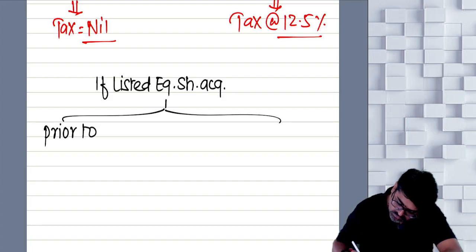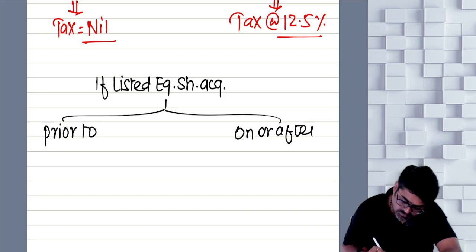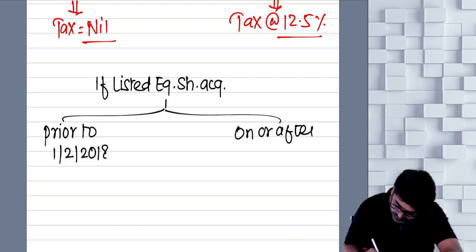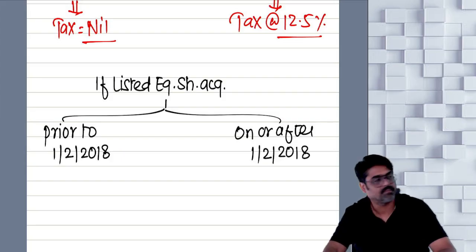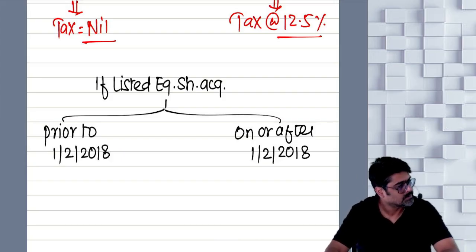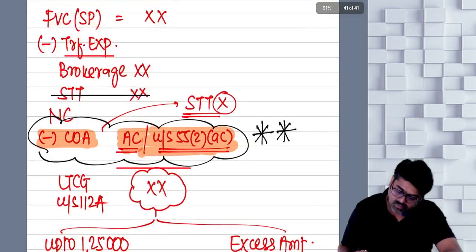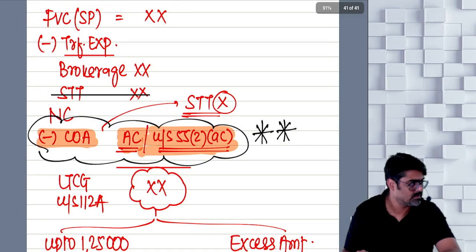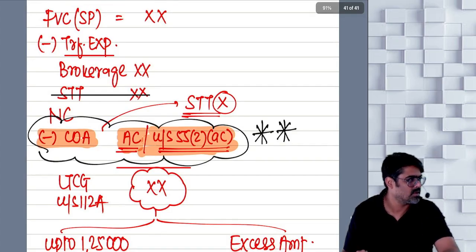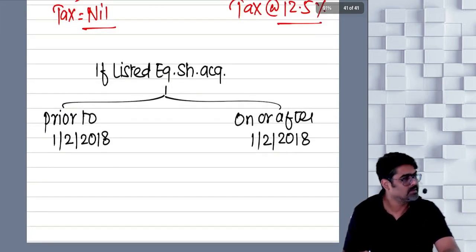Prior to, on or after 1st February 2018? You have to remember this date. So if you are calculating the capital gain for listed equity shares, or it can be units also, yes or no?